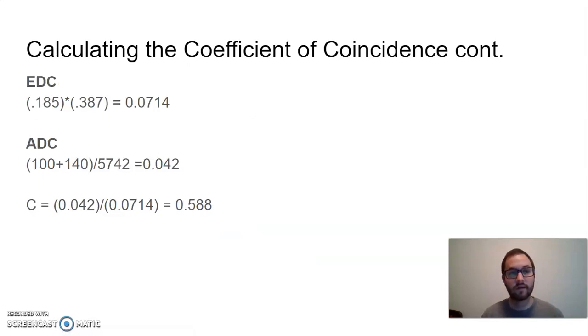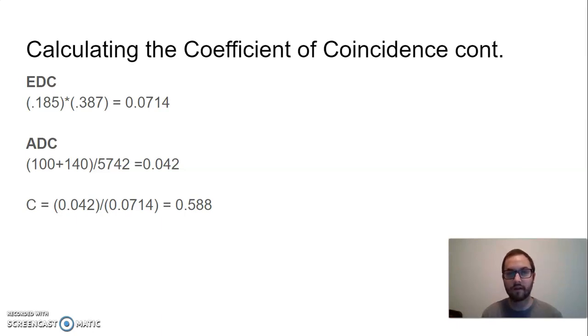So when looking at the expected double crossover event, we take the probability that B and C crossover, which we got from calculating the map units. So it's 0.185 times 0.387, and that gives us 0.0714.